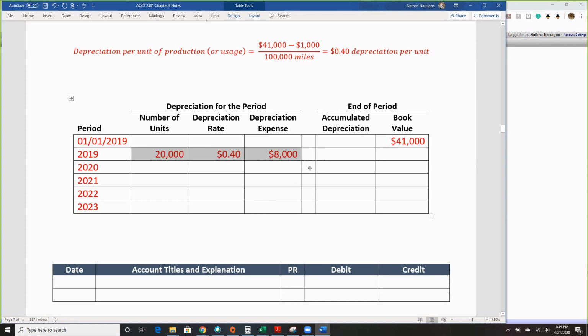This is $8,000, which accumulated depreciation is still 8,000. It comes to the book value of 33,000. 2020, I have 30,000 miles times 40 cents, means my depreciation expense increased to 12,000.